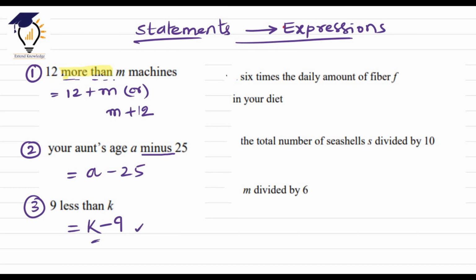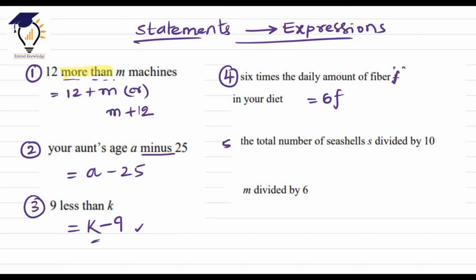Let's move to the fourth one: 6 times the daily amount of fiber F in your diet. Fiber is F, and the variable is important; whatever the variable is given, that is to be noticed. So 6 times F, that is 6F. Times, as we said, means product.